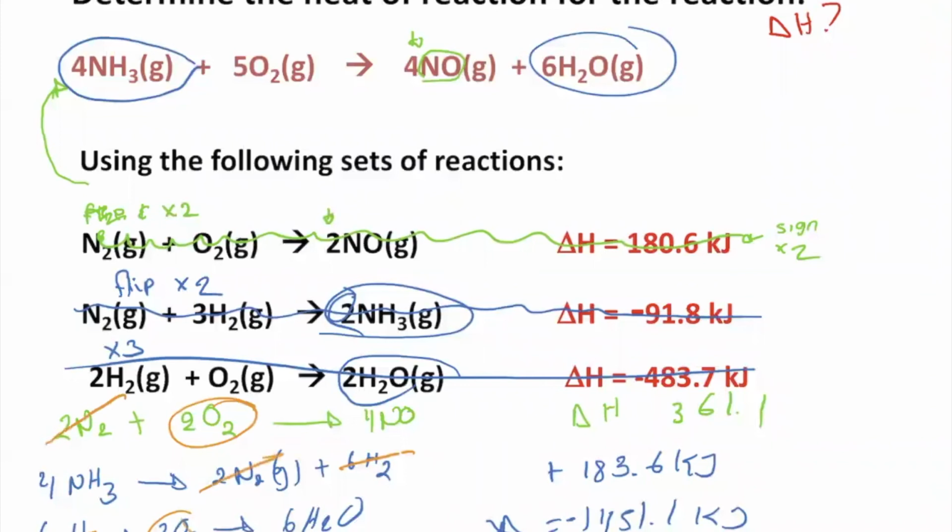So you're going to have 4 NH3 plus 5 O2, giving 4 NO plus 6 H2O. Now all you do is add up these numbers and you should have negative 906.3 kilojoules.